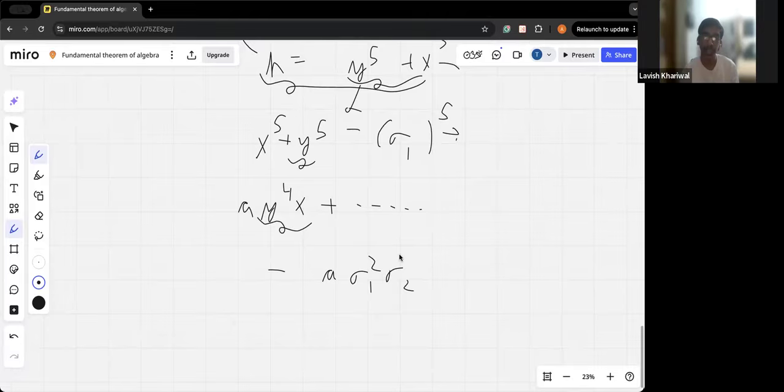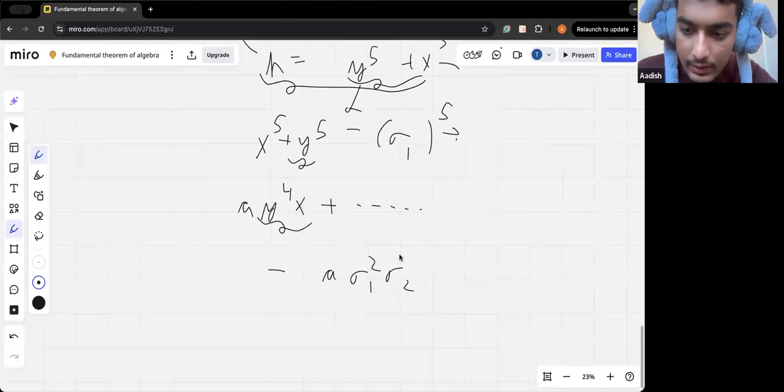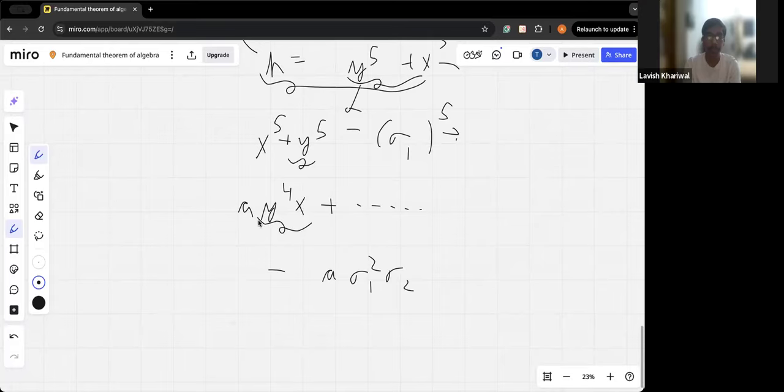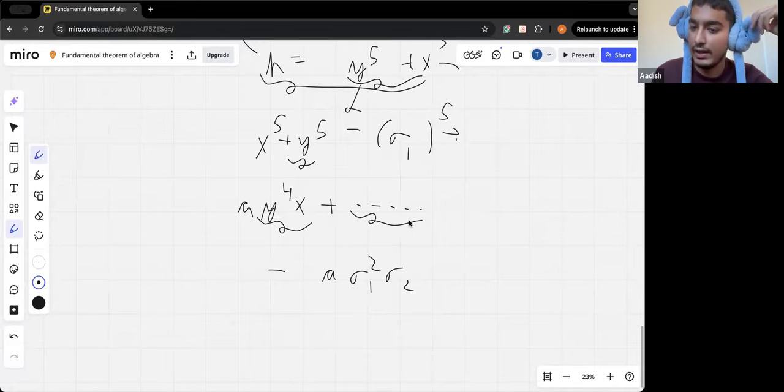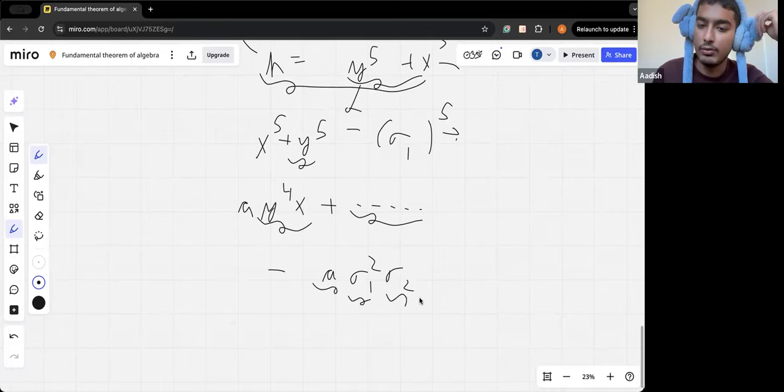Can you repeat this power 4 part? Suppose you have a polynomial where the highest degree of y that appears is y^4, say a y^4 x plus terms which have a smaller y degree. So you subtract a times sigma 1 cubed times sigma 2.